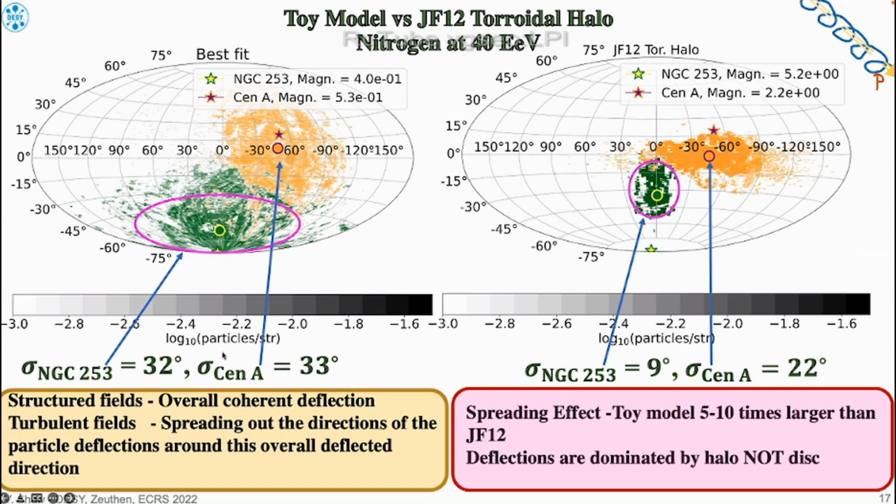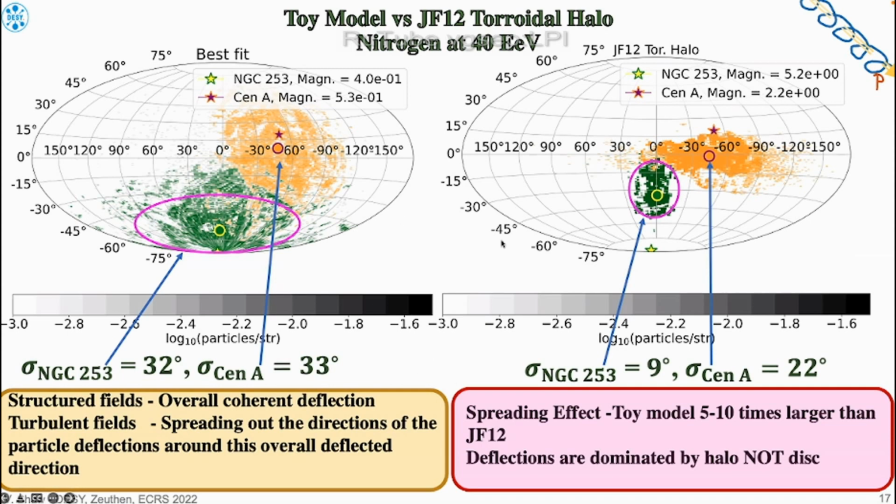Another thing to note is that for these sources, you are not going to be disk dominated. Both Cen A and NGC 253 are quite far away from the disk. So even if you include the disk within your cosmic ray propagation code, the cosmic rays will not get deflected, and we did the check for that. So this is why the disk is not important.